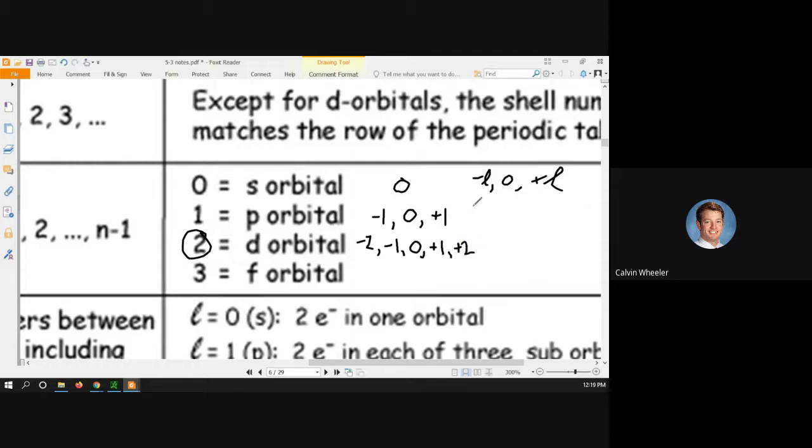Do we see the pattern between this one and this one? Go ahead and write the orientations for this F orbital. What are the possible orientations? Continue the pattern. I can start you off. -3, because it's negative L.